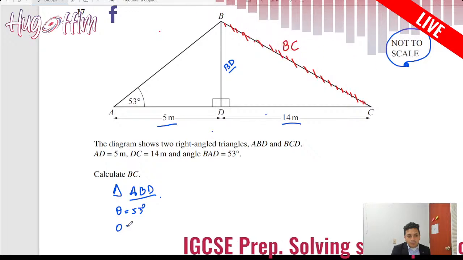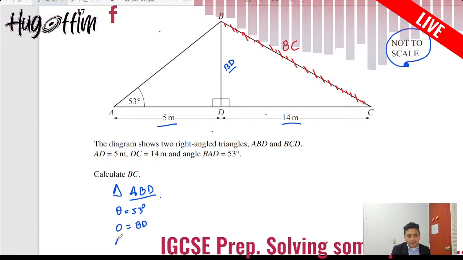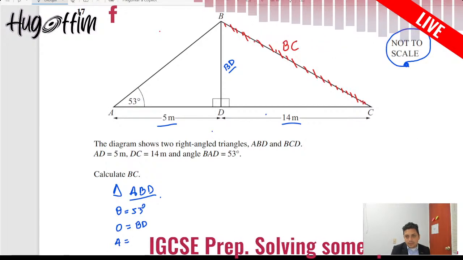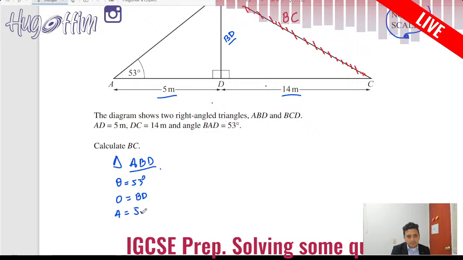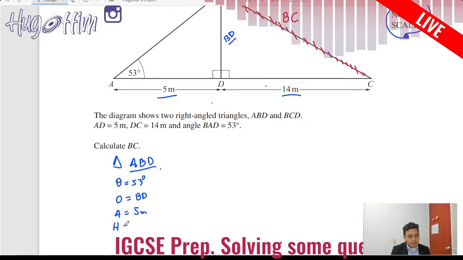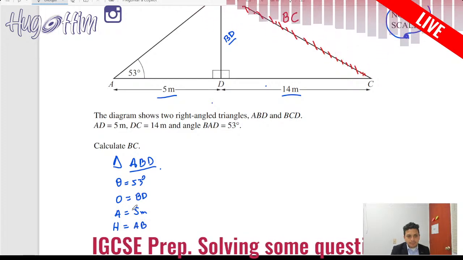I have the opposite side? No, I don't have it. It's BD. I have the adjacent that is 5 meters. And I don't have the hypotenuse. The hypotenuse in this case is AB.